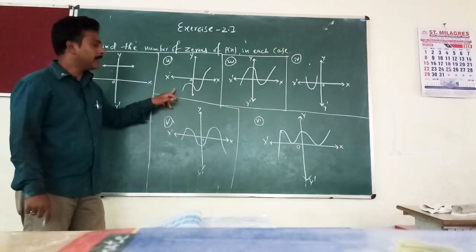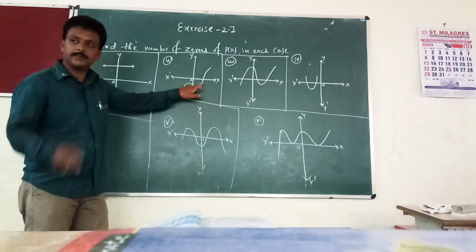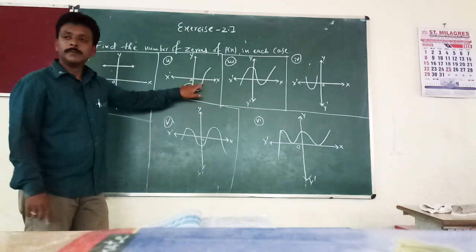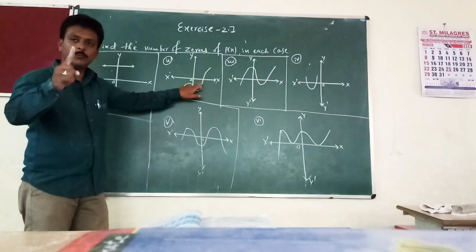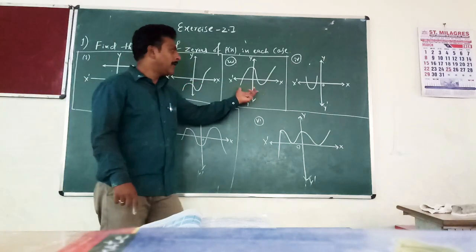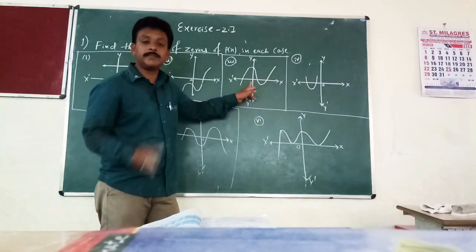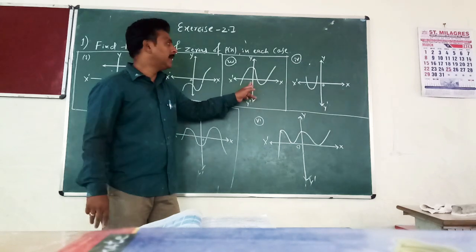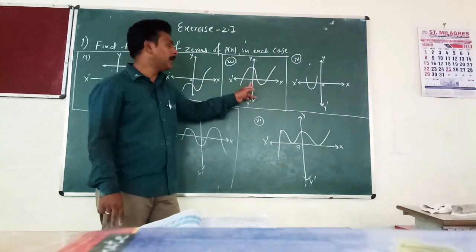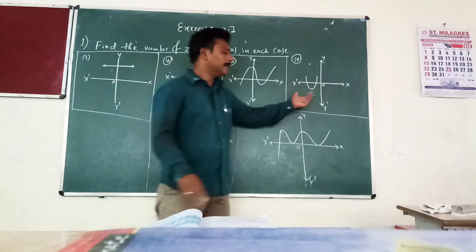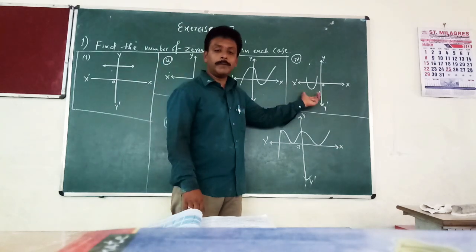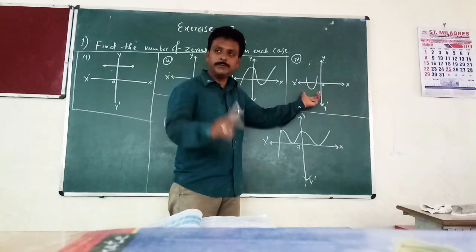The given graph is intersecting the x-axis once. Therefore, the zeros of the given polynomial is 1. The given graph is intersecting the x-axis 3 times. Therefore, zeros of the given polynomial is 3. The graph of the given polynomial is intersecting 2 times.